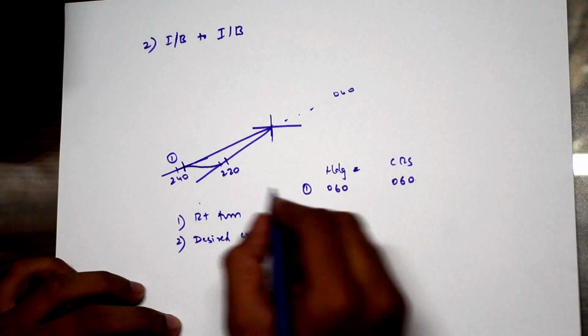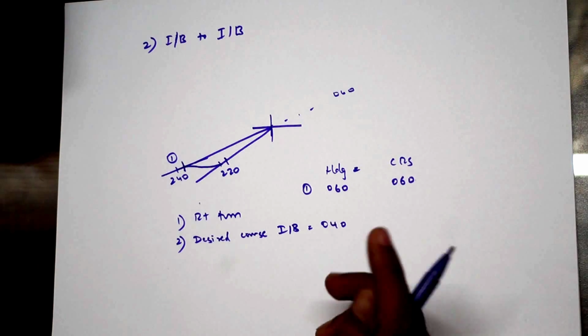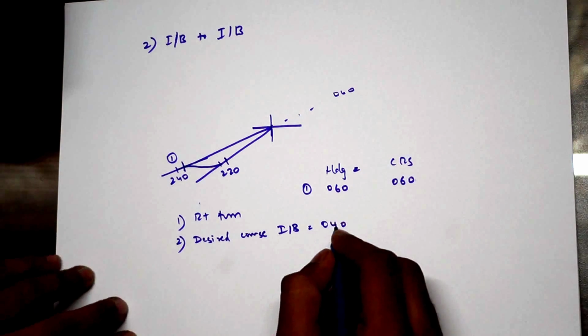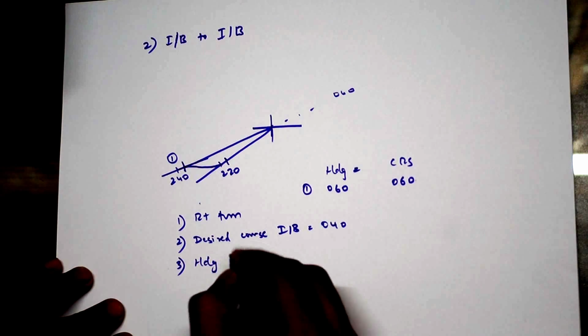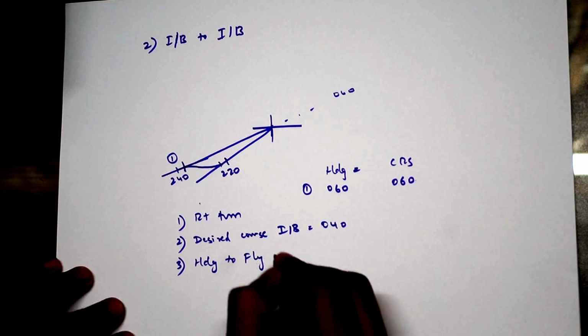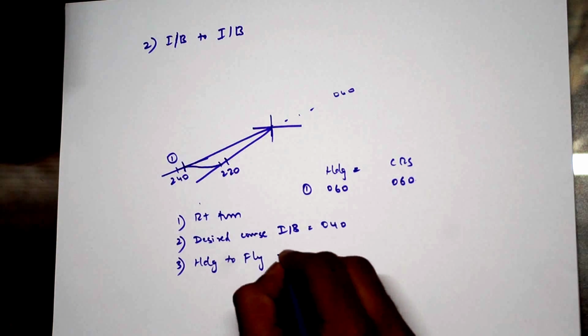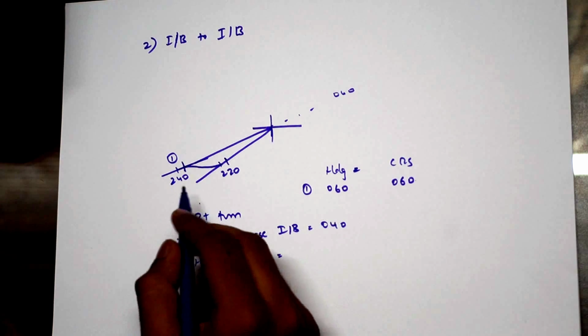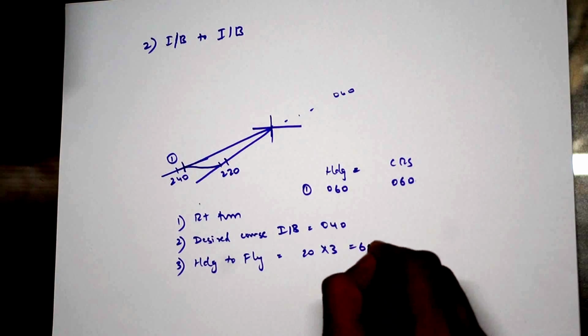So in the second step we'll set the desired course window on the knob, that will be set as 040. Okay, again you have to find out heading to fly. What is the heading to fly that you need? Same procedure, difference between the two radials, 240, 220, 20 into 3, that is 60.